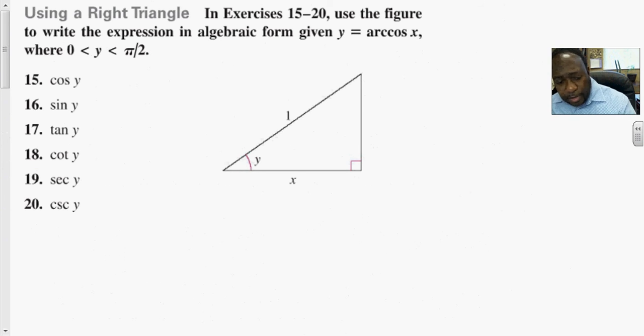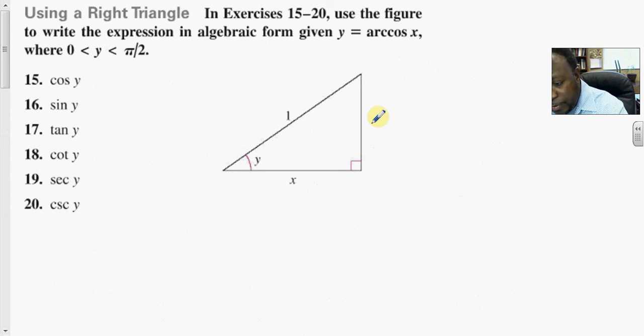Here you want to find these 6 trigonometric forms based on the right triangle, and that will be your argument for all of the algebraic problems that we're given in this section. We need to find this opposite side over here using the Pythagorean theorem.